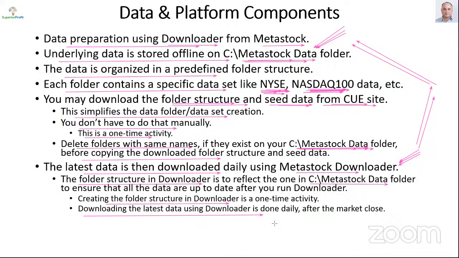You just run downloader and you run it after the market close. I have seen that Metastock provides downloadable data maybe after 5 p.m. Eastern Standard Time for stock data. However, for some of the index data, like maybe NASDAQ Composite Index, the data seems to come after 7 p.m. Eastern Standard Time.